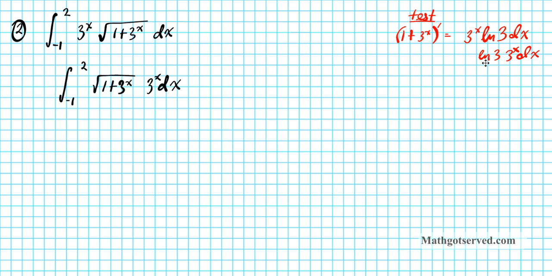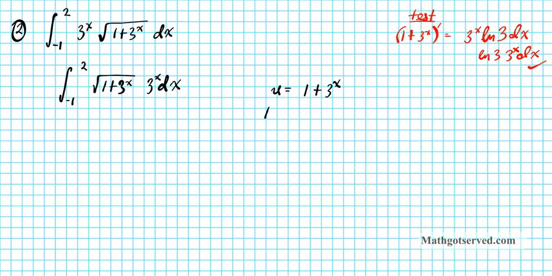So note this is a constant, okay? Since the derivative of the innermost function is a multiple of the second function right here, dx, that means we can use substitution. All right, so let's go ahead and do it. We're going to call u our innermost function, which is 1 plus 3 to the x, and then differentiate both sides using differentials.